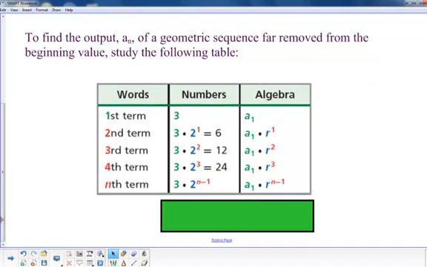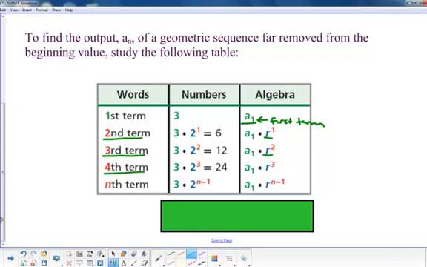So if you think about this with letters, the first term we're going to write as a sub 1. That little bottom number is just telling you that it's the first term. And then each time we multiply it by the constant multiple. For the second term, we multiply it by the constant multiple once. For the third term, we multiply it by the constant multiple twice.